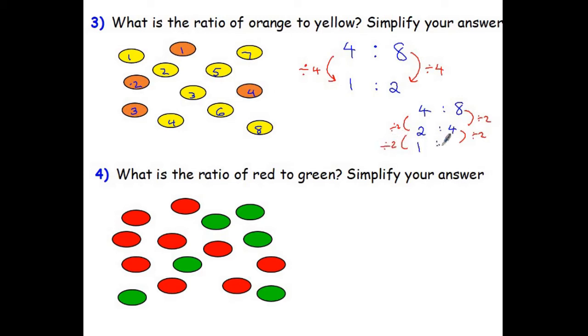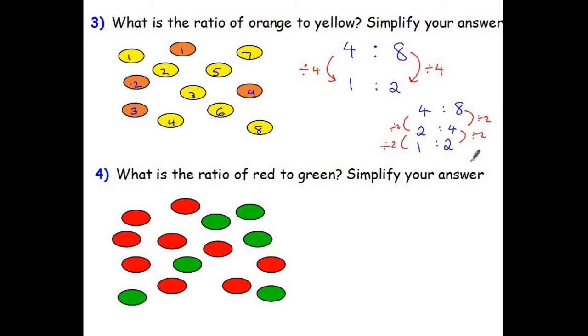So the answer is still going to be 1 to 2. So it doesn't matter if you find the biggest number that goes into them, which here was 4. You could also break it down into steps like we did here. You will get the same answer.